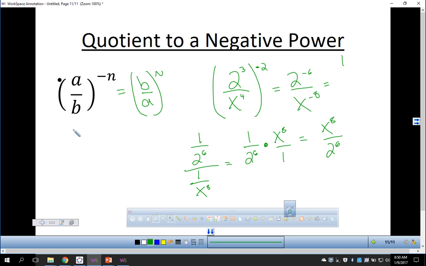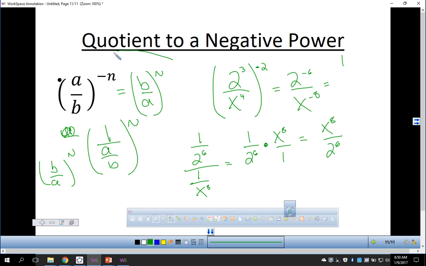Another way I can think about it: 1 over (a over b) to the negative n is the same as 1 over (a over b) raised to the positive n, which is the same as copy, dot, flip, b over a, to the positive n.